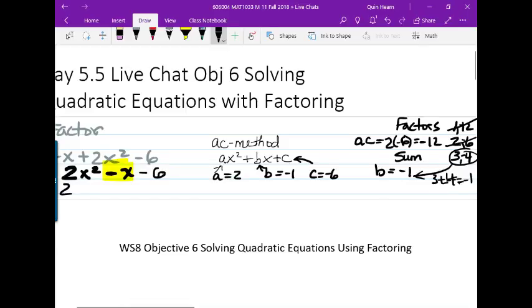So the 2x squared and the negative 6 are going to stay the same. But we're going to split the middle term, negative x, by writing it as negative 4x plus 3x. Recognize that 3 and negative 4, that's what we just found. So the purpose of this procedure over here was to be able to find 2 terms that, when you add them together, give you that middle term.